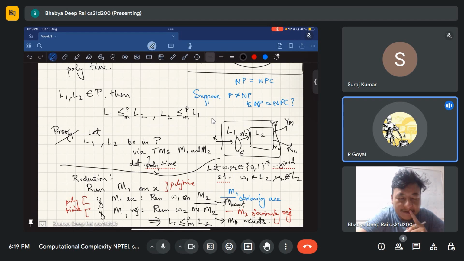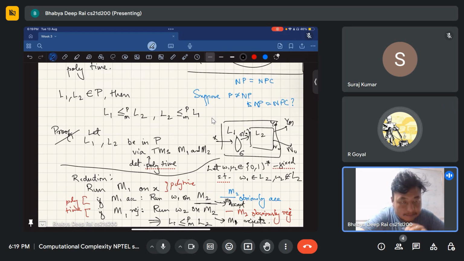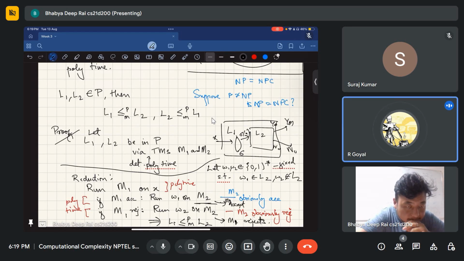So the point is that when M1 rejects, there could be some other constant, say W3, which quite possibly may result in acceptance. My question is: is it always possible that a problem which is solvable in polynomial time and its instance can always be rephrased as an instance of some other problem?